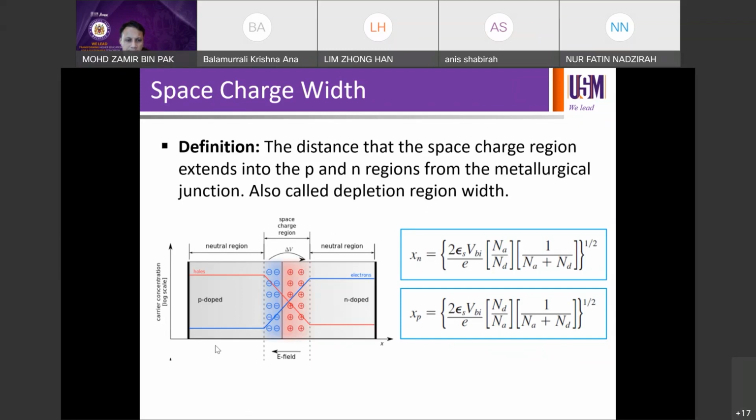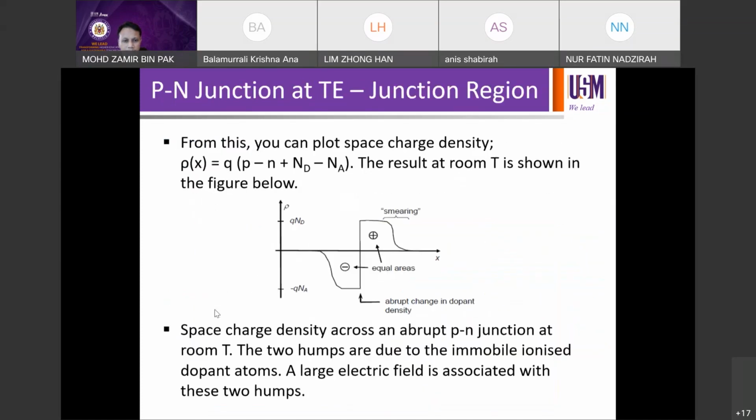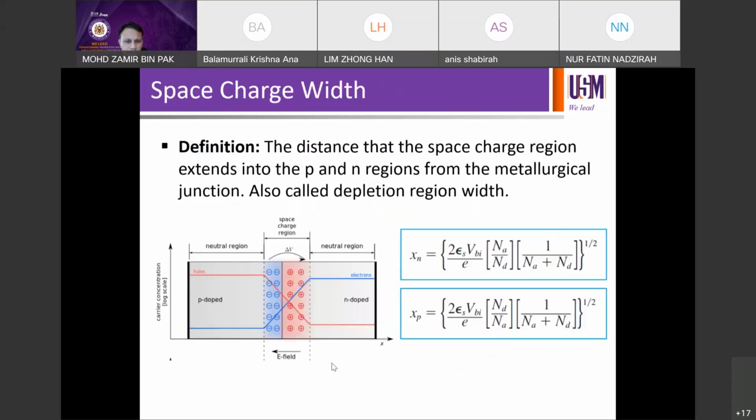Okay. So for example, if you take your p-type material on the left, n-type material on the right, and this red and blue curve are just the plot of your majority and minority carriers like this, right? Just now. And then we have fixed ion charges in the middle near the junction, negative for the p-type, positive for the n-type.